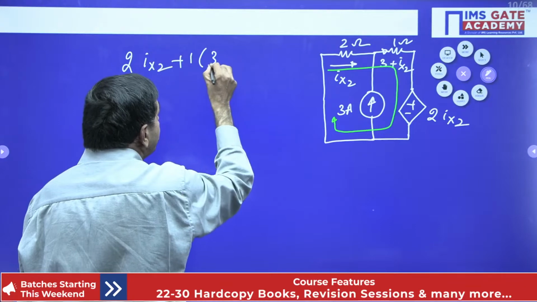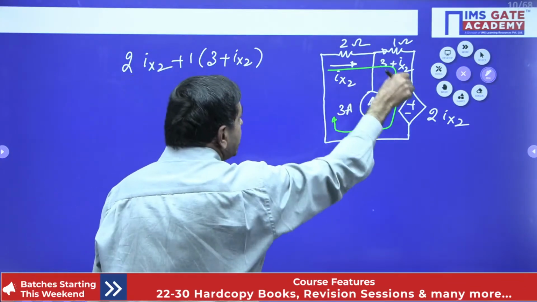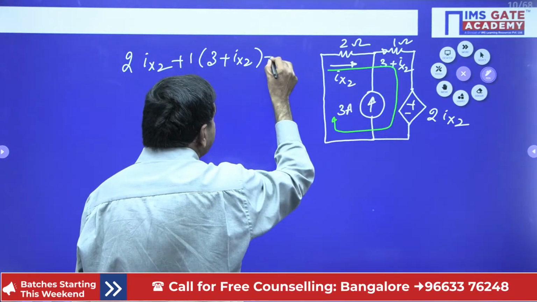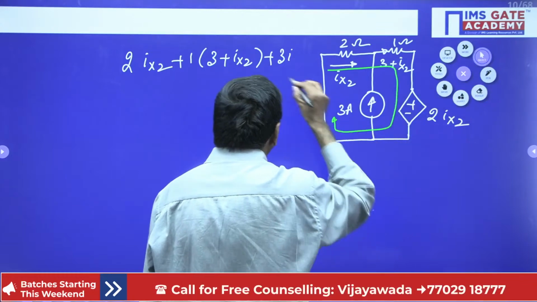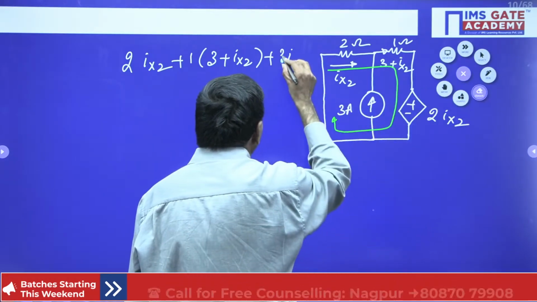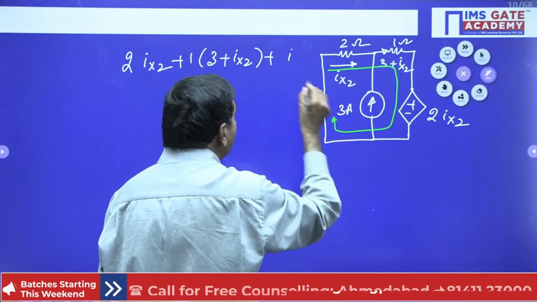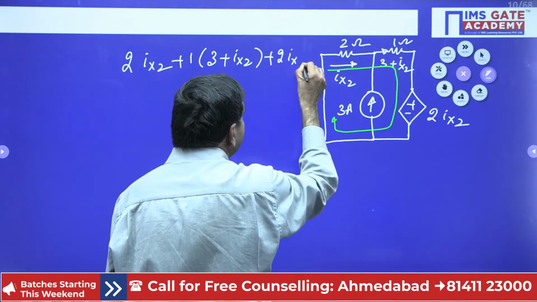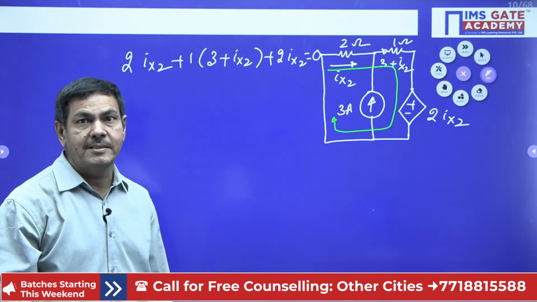And when I go this side, plus 2 Ix2. That equals 0. Catch my point.